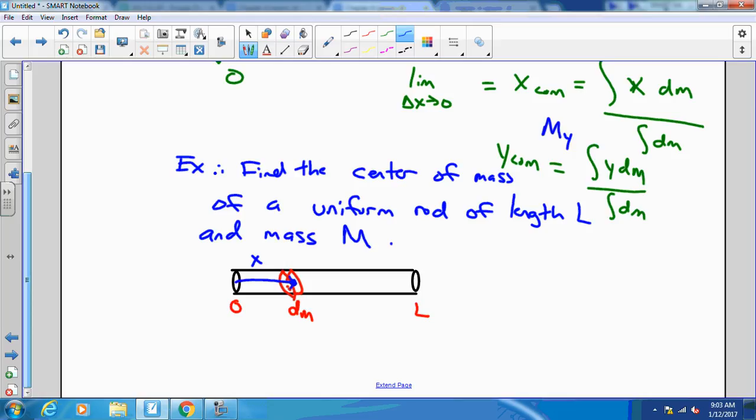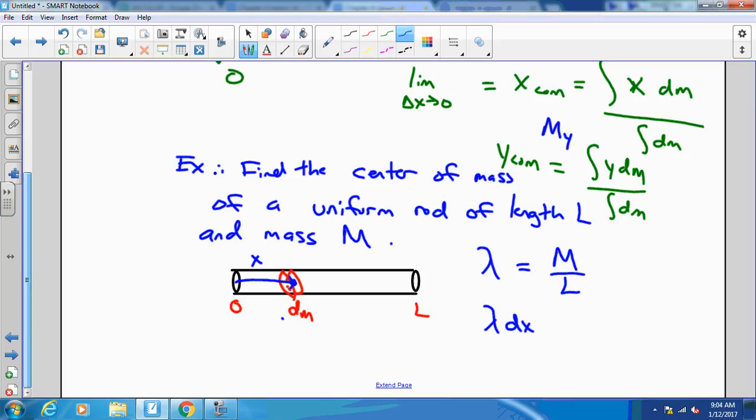So the logic is that each piece is going to be proportional to the length of that piece times the density, the way that the mass is distributed along the entire rod. We can call that density lambda, the linear density. And the linear density is the entire mass divided by the entire length. And what it tells us is how many kilograms there are per meter of rod.